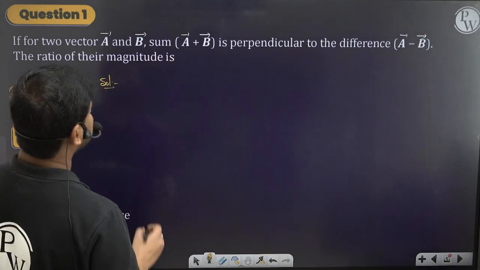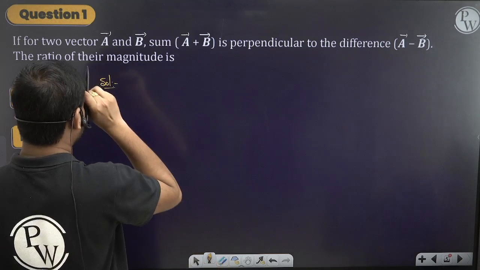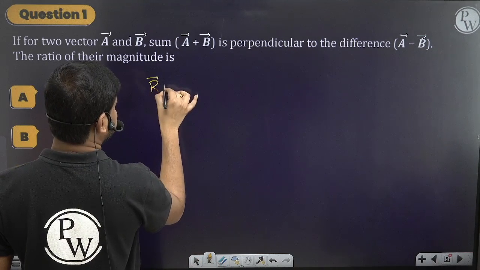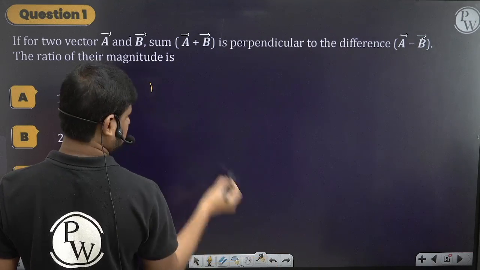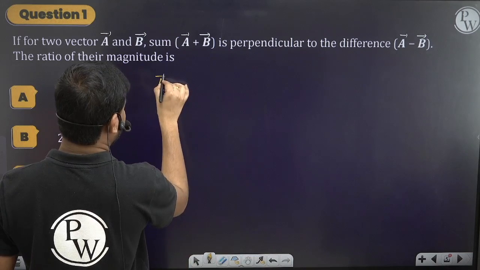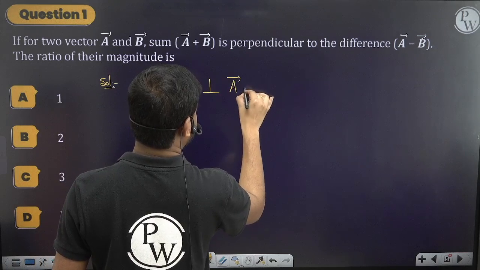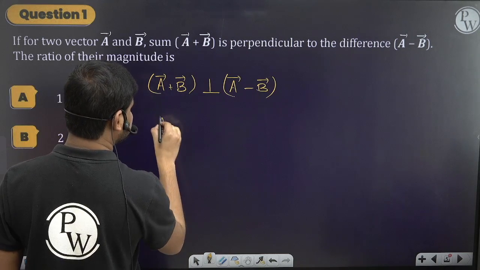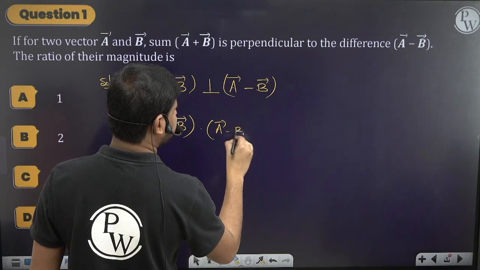Now here, what they are saying is that the sum of vector A plus vector B is perpendicular to the difference A minus B. So the sum A plus B is perpendicular to A minus B. Now if both are perpendicular, then (A plus B) dot (A minus B) must be equal to 0.